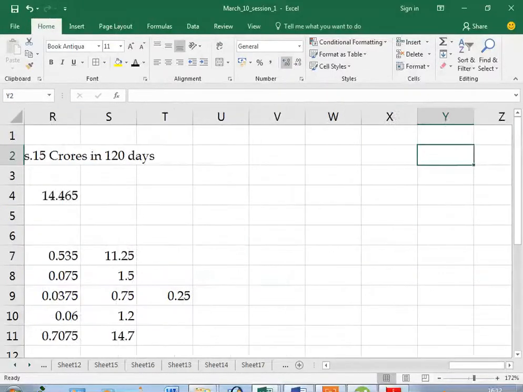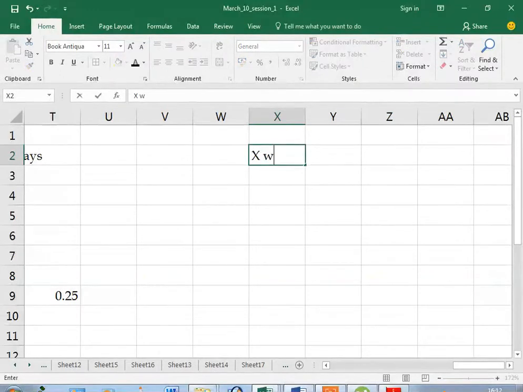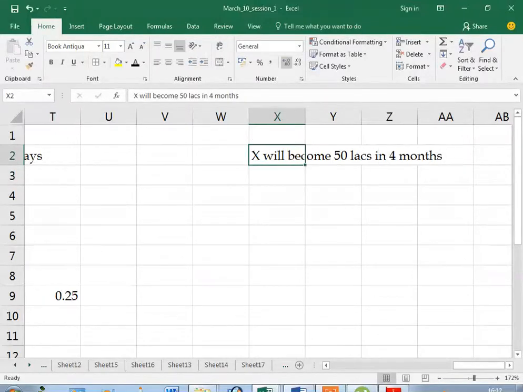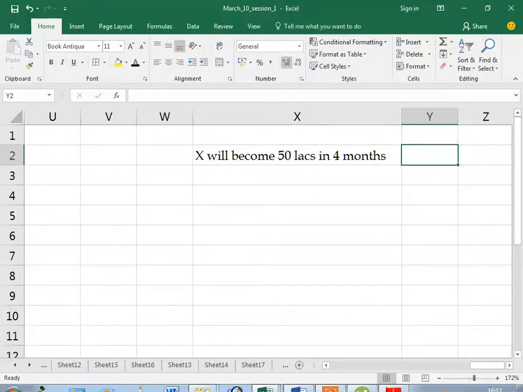X will become 50 lakhs in 4 months. The rate of interest is 0.125.